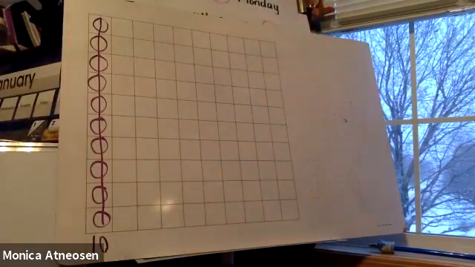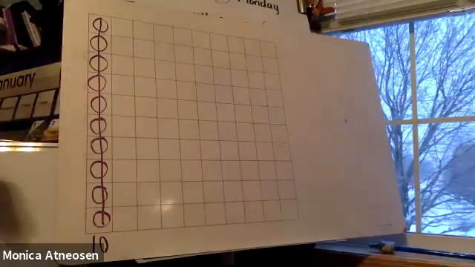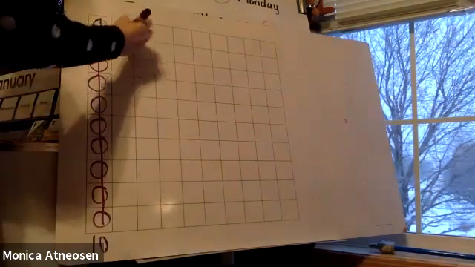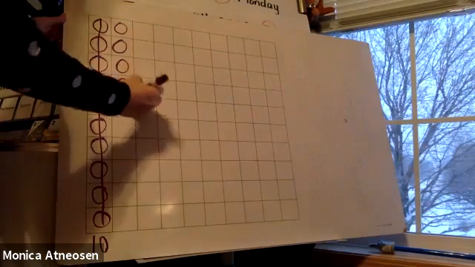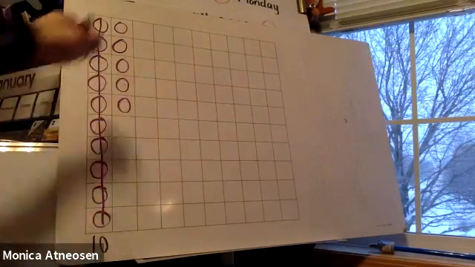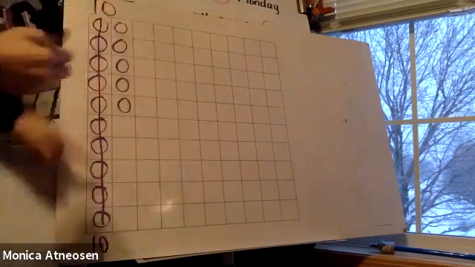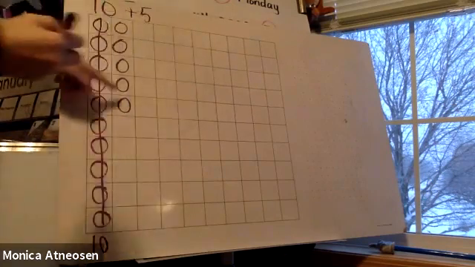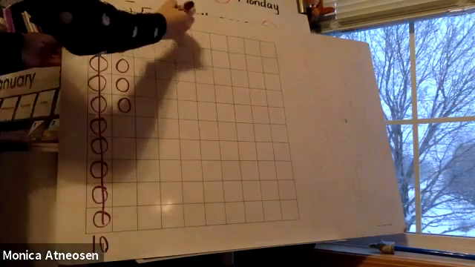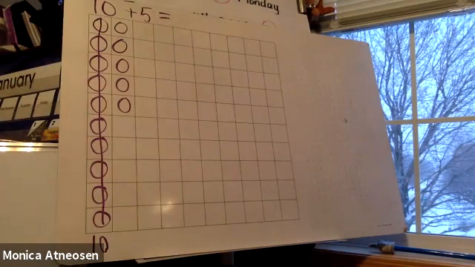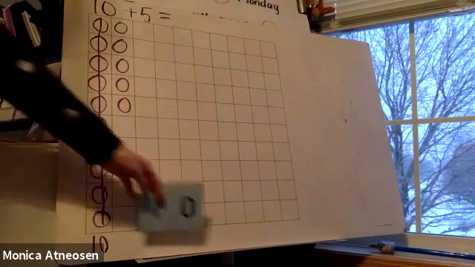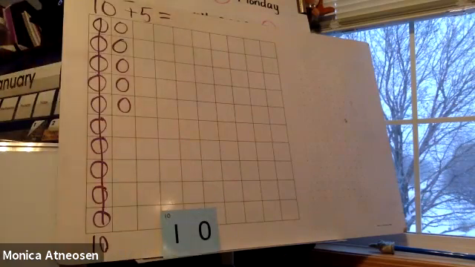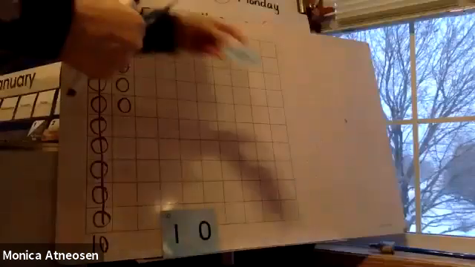So now we're going to turn these into a group of 10 by making it into a stick. And this is going to help us and make it easier to think about 10. Let's say we had 5 ones. We would think about 10, there's our group of 10, plus 5 ones equals, now we can think about those secret code cards to help us. 10 plus 5.